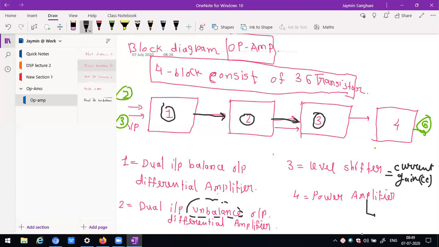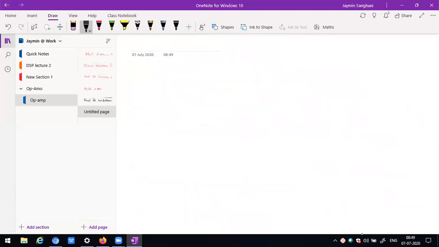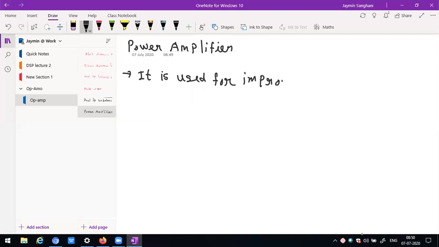Next, power amplifier. What is the meaning of power amplifier? It is used to improve the voltage as well as the current.